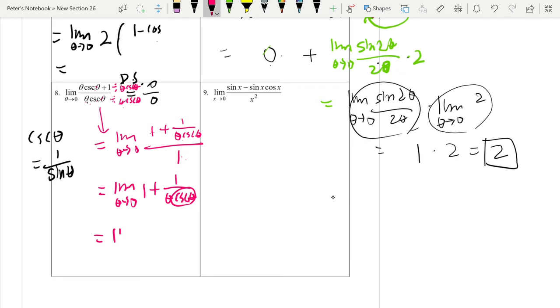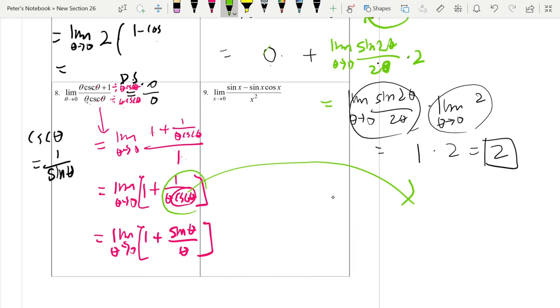So the beautiful thing over here is, it's a reciprocal, right? Now I can write that down as sine theta over theta. Some of you folks are like, how can you make that jump, Mr. Kim? I'll show you. It looks something like this. 1 over theta times cosecant theta is the same as 1 over theta times 1 over sine theta.